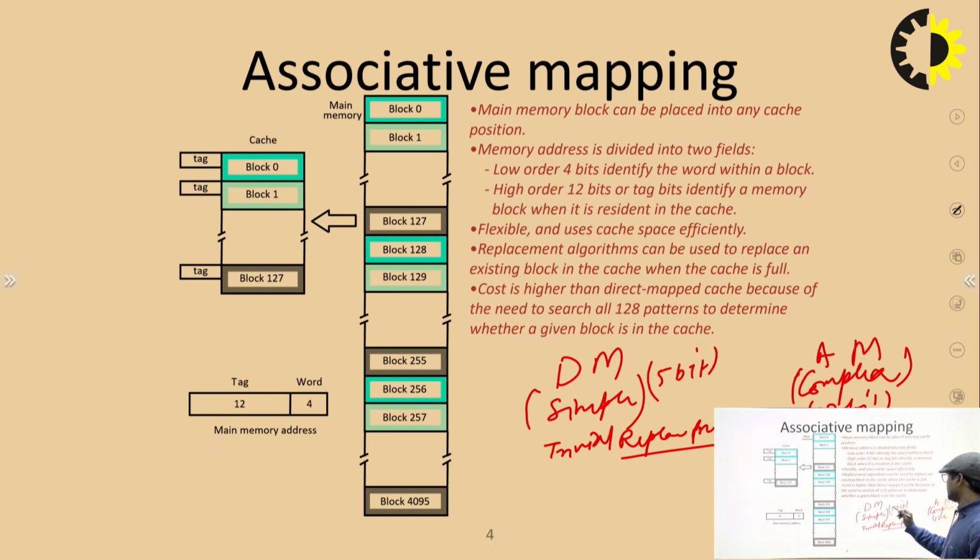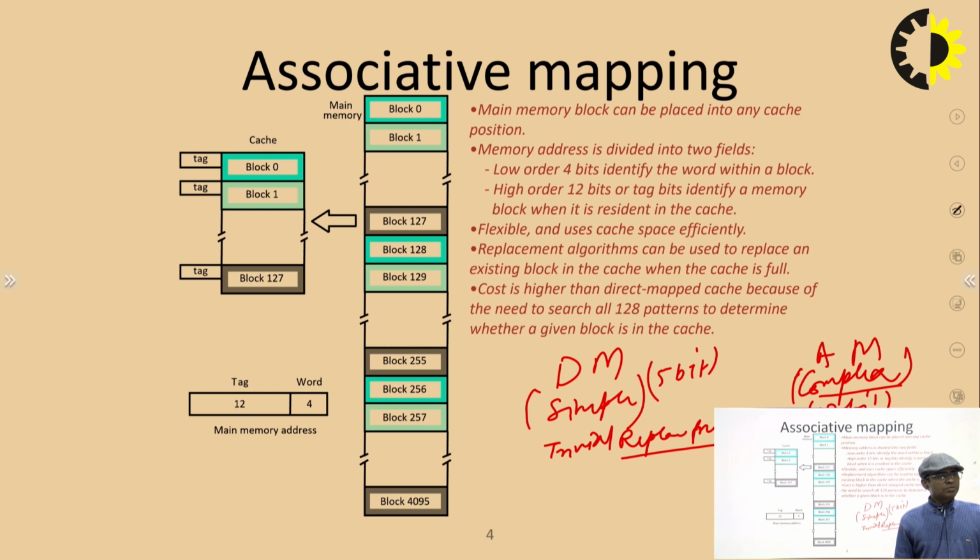So the hardware is simple in direct mapping, so the cost of direct mapping is less with respect to associative mapping, where the tag size is 12-bit. So the cost of associative mapping is high, because we have to search 12-bit tags.